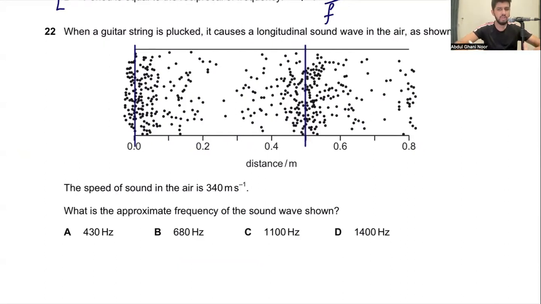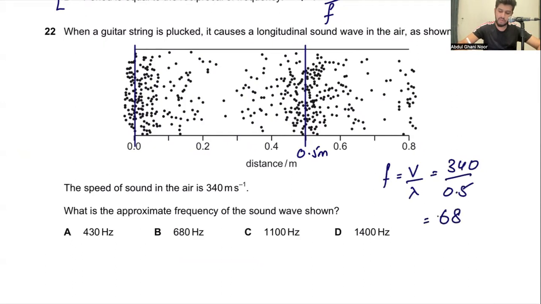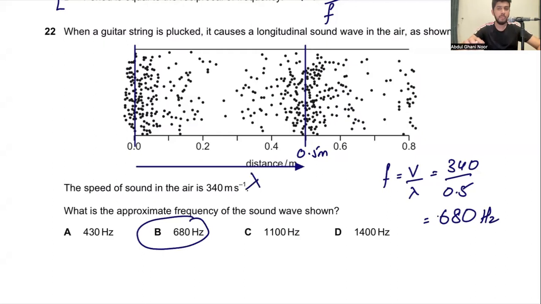It may not exactly be 0.5 meters, but approximately 0.5 meters. Now, F is equal to V upon lambda, 340 divided by 0.5, which gives you 680 hertz. So this distance here, for those of you who are still confused, is one wavelength.